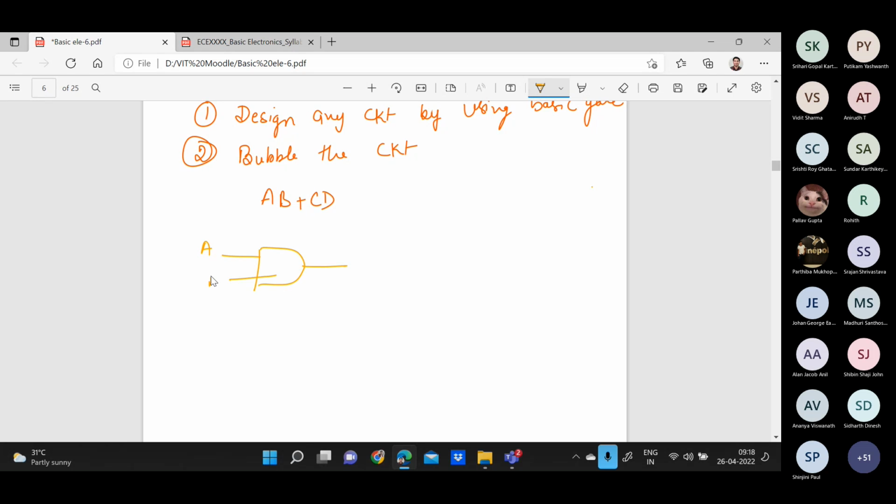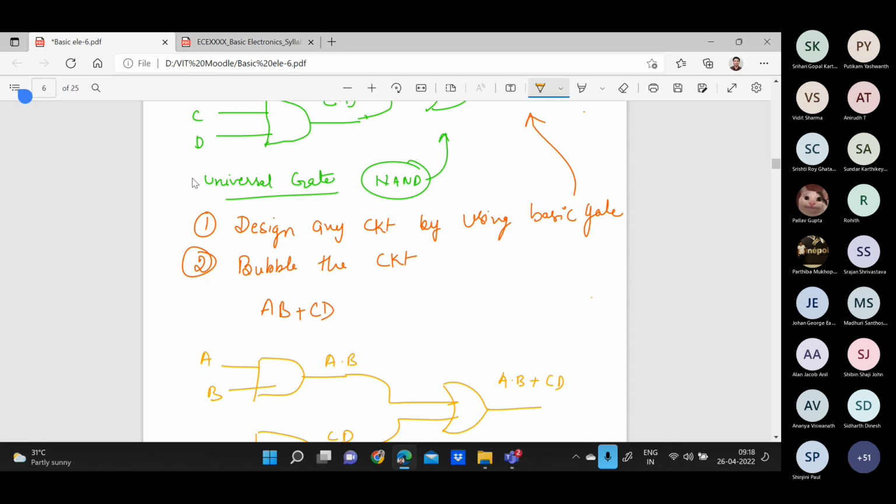This is A and this is B, and I was getting A dot B here. And then I gave C and D here, and I was getting CD here. And after that I gave them to the OR gate logic, right? If you remember. And here I was getting A dot B plus CD. This is the implementation by using the basic gates. Now, what is the question?